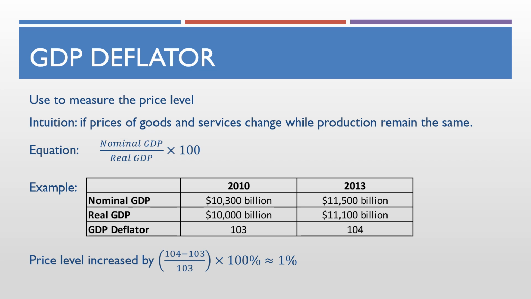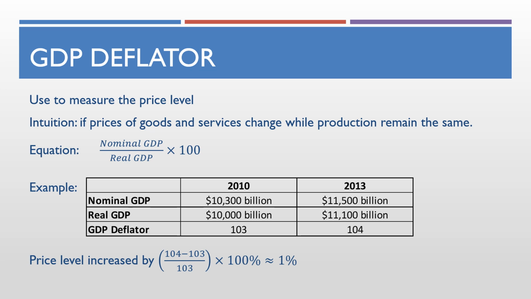And the interpretation of this GDP deflator will also always be the same. In the base year, we always get the same number for nominal GDP and real GDP, so you will get an index of 100. But any year where you have an index higher than 100, that means that year has higher prices compared to the base year.